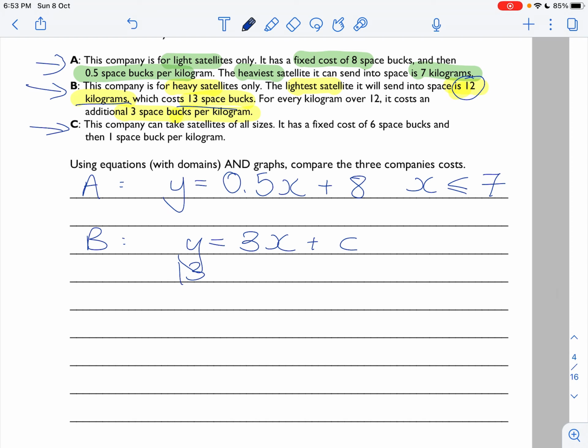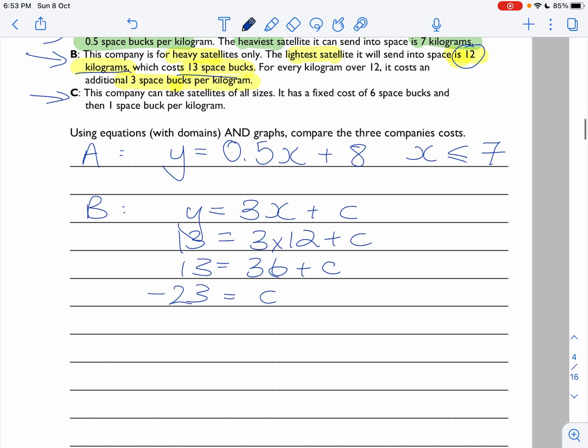So 3 times 12 means that's 36. To find out what C is, take 36 away from 13, and we get negative 23. So therefore the equation for that one equals 3x minus 23.